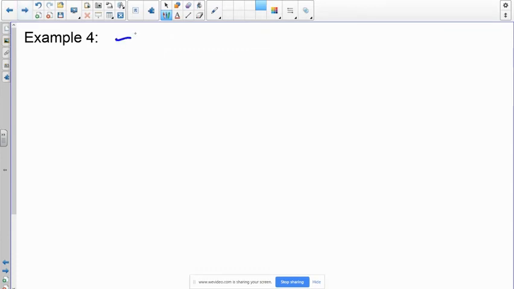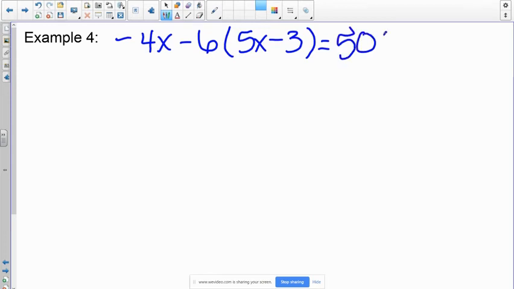is we're going to do negative 4x minus 6 times 5x minus 3 is equal to 50x minus 150. So again, first thing you have to do is distribute. Since there's parentheses, be careful, that's a negative 6 that you're distributing.